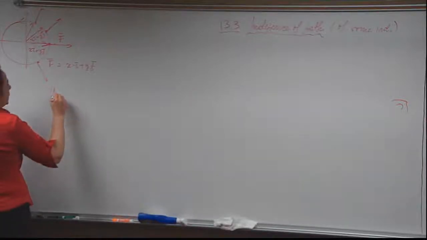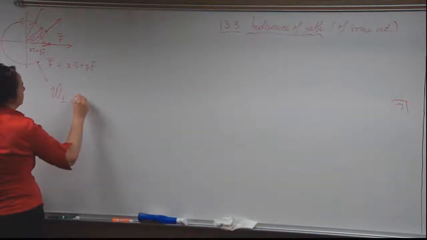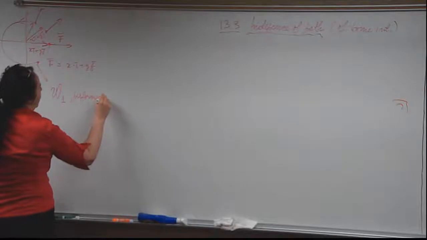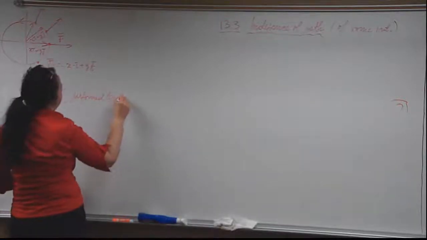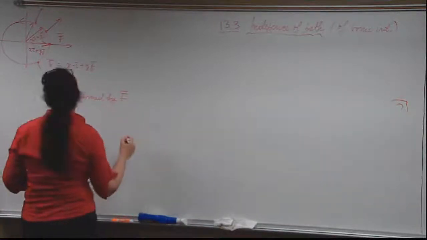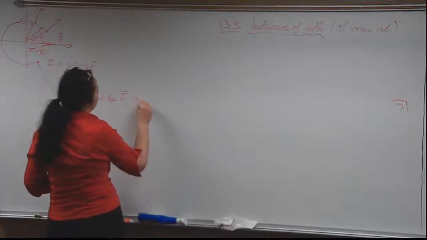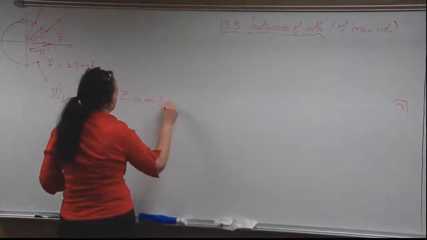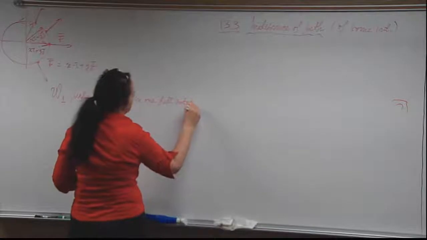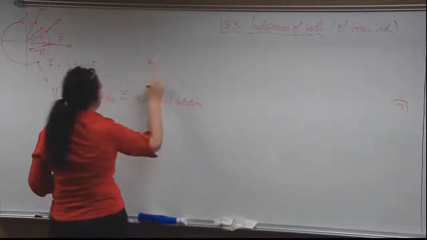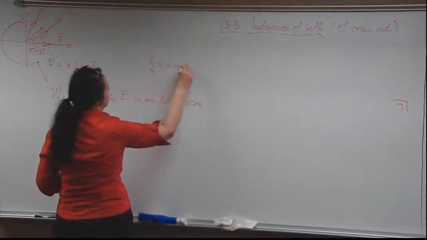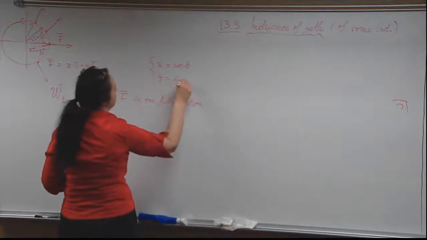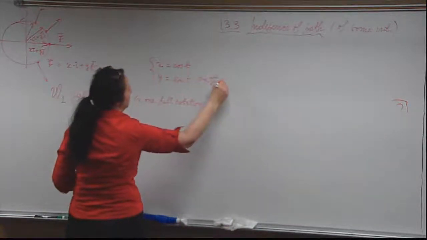And I asked you, find W performed by F in one full rotation. We gave the equation of motion being cosine t, sine t, if you remember from last time.